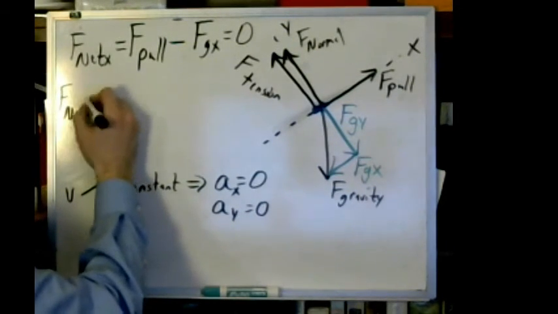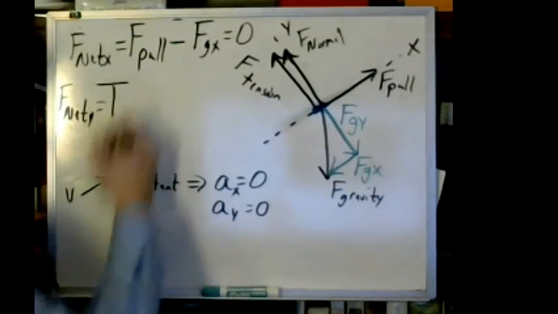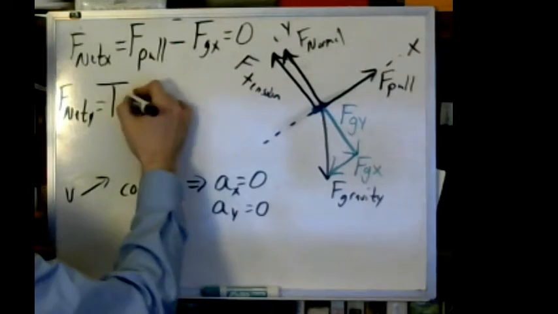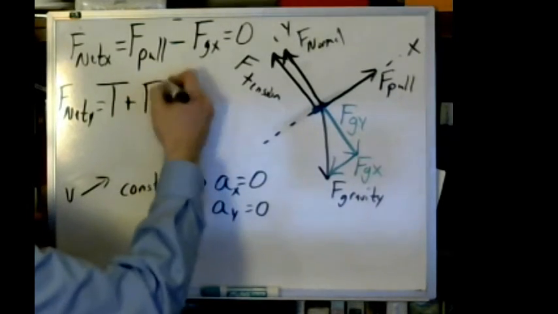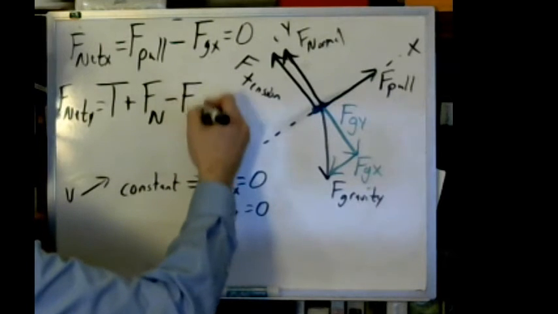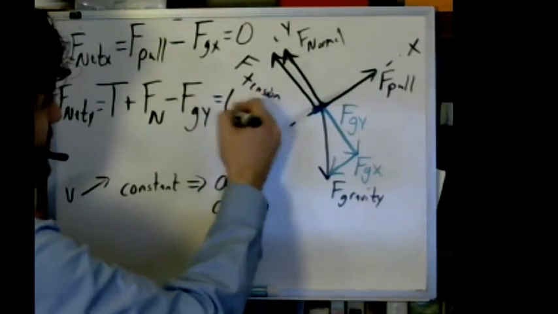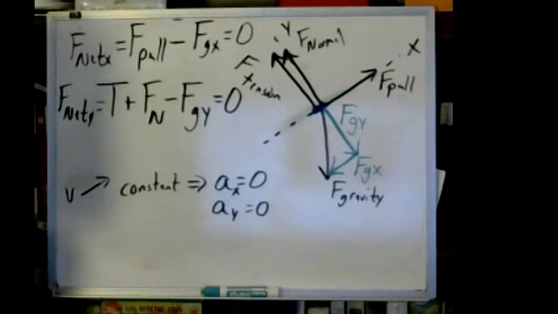Net force in the y direction, we have two upward forces. We have a tension plus the normal force minus the force of gravity in the y direction. This has to be 0.